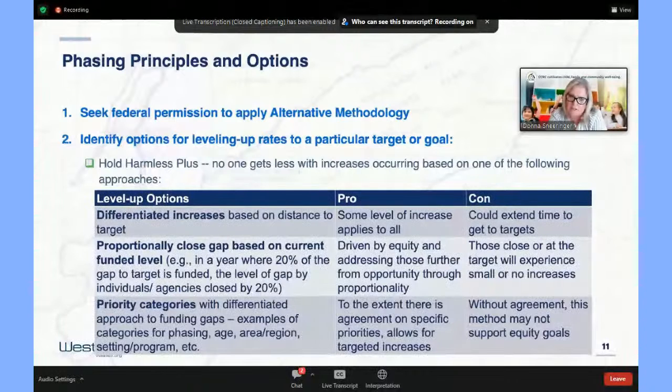The other thing, as far as phasing in principles and options, I want to make sure we don't lose in the alternative methodology the fact that we need to correct the state's policy in our state plan so that we don't limit what the state pays by what parents can afford.